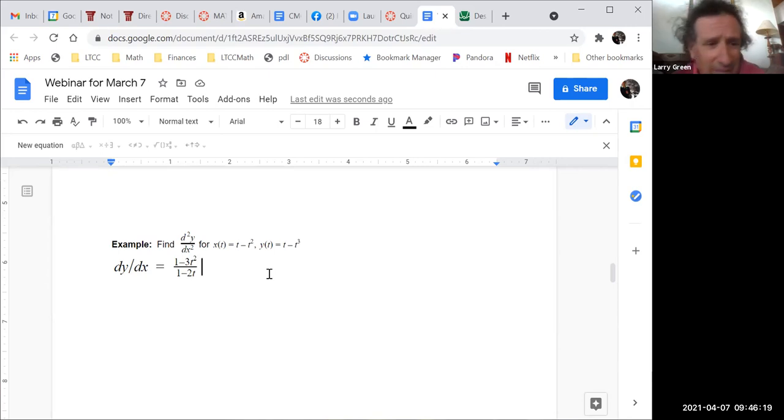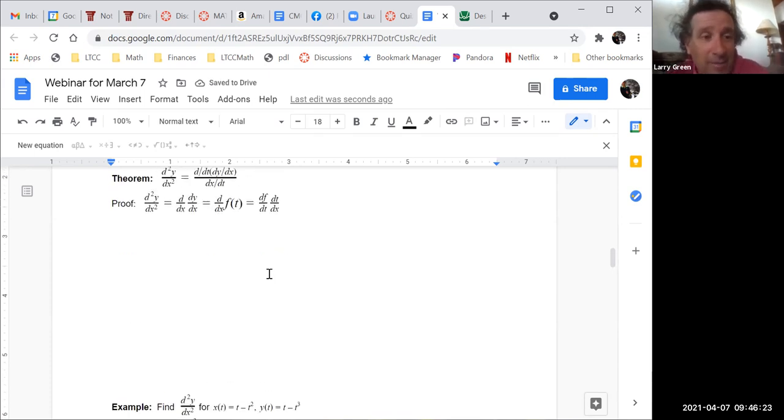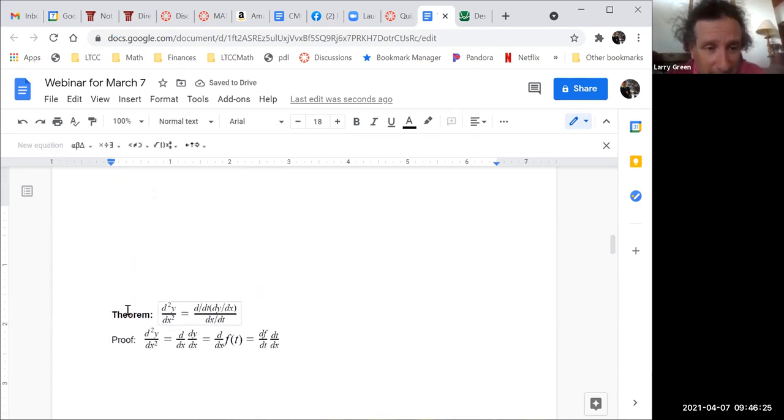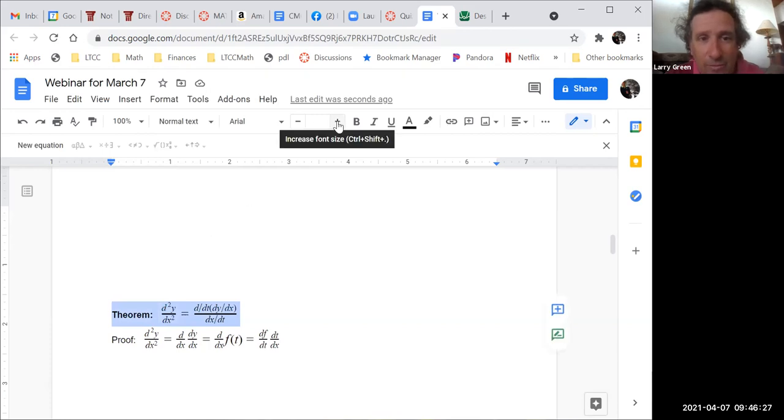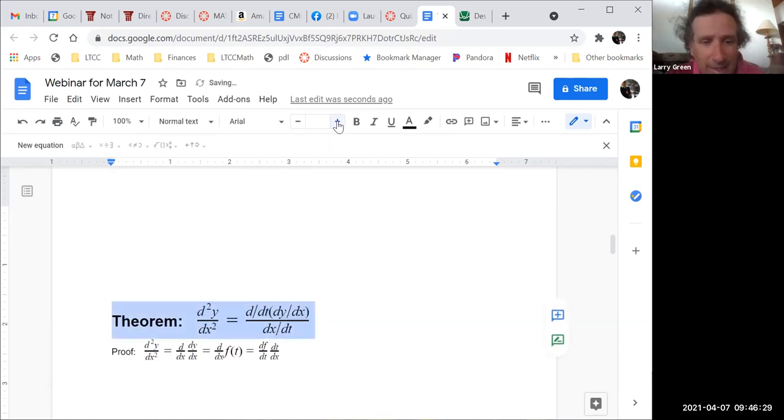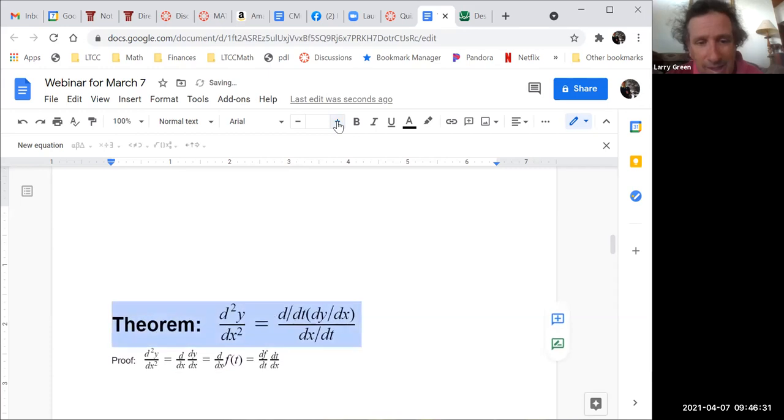Okay, so now that we have that, according to the formula, let's go back up to the formula. Maybe I'll even make that really big so that we've really highlighted it. So now it says take d over dt of dy dx. So let's do that next.